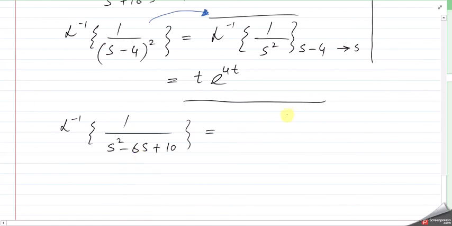We must write this first as something like this: s minus something square or s plus something square. We have to write it like this. How do we do that?